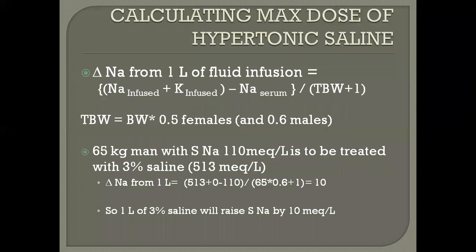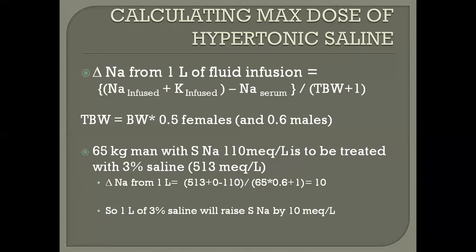So how to calculate the dose of hypertonic saline and how to give the correction? Different textbooks have mentioned different protocols, but this particular protocol is the one which I feel is quite rational, and it will prevent us from making mistakes. And this is from the Washington Manual.